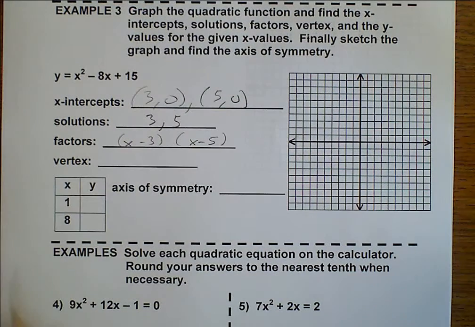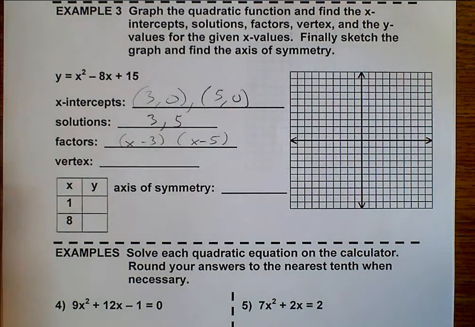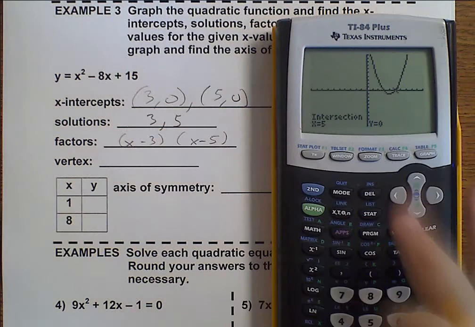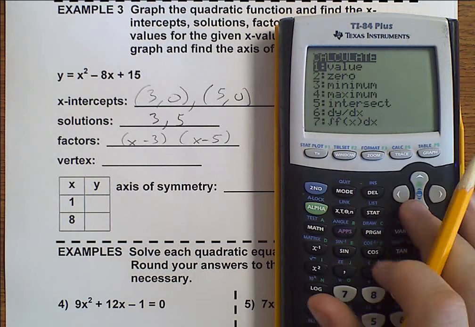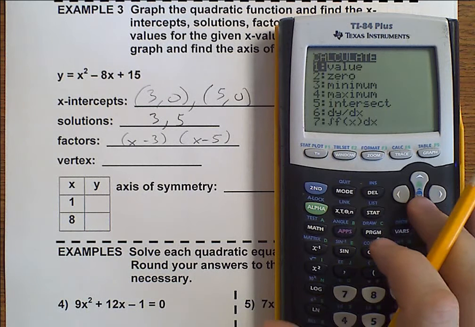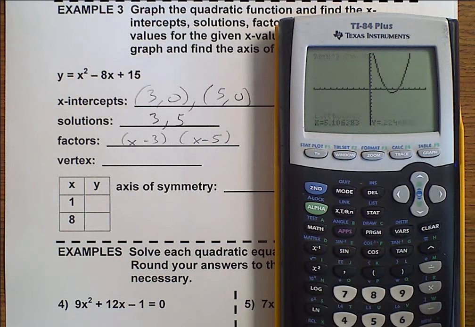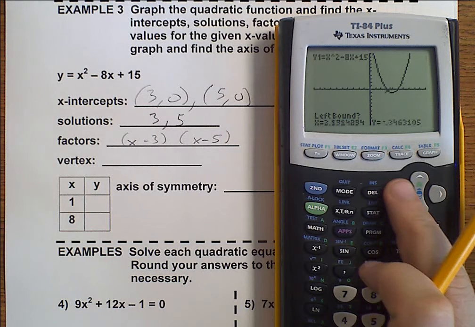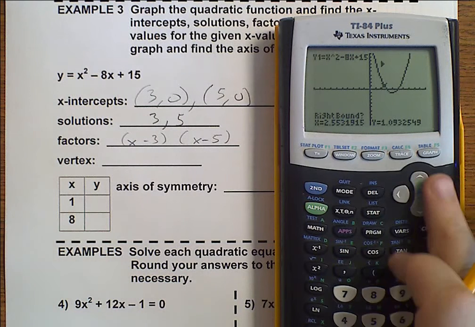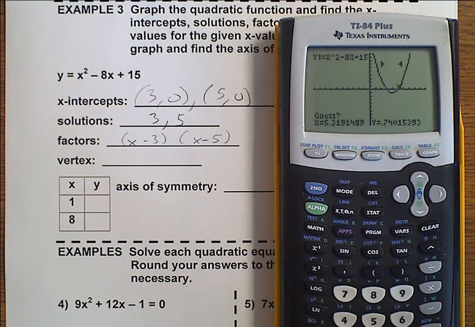And now our vertex, just remembering from previous, we go back to second, trace, which is calculate. We looked at our graph and we're looking at a minimum. We need to be left of the vertex, we hit enter. We need to be right of the vertex, we hit enter. We don't care to guess here, we're just going to hit enter again.